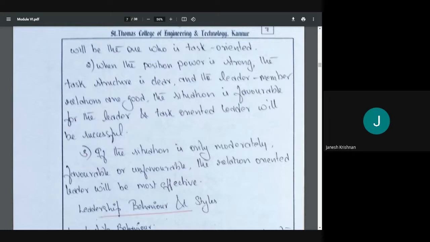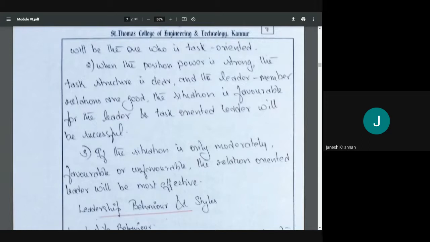If that is the case, then the best leadership style will be relation oriented. So there are two types of leadership styles according to Fiedler, task oriented and relation oriented. Task oriented will be suited when the scenario is very unfavorable and when the scenario is very favorable.